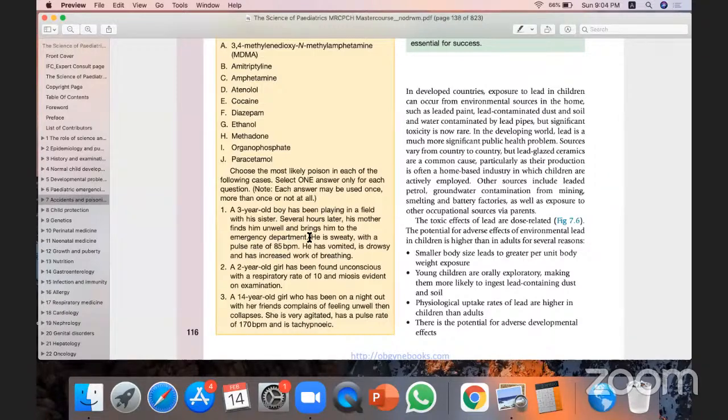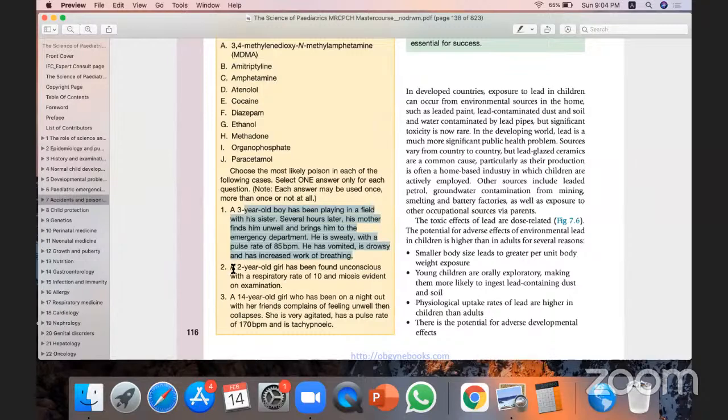There is tachycardia, tachypnea, sweating, and the child was playing in the field. What poisoning causes this kind of feature? Organophosphorus. Yes, very good. The antidote we already discussed: atropine, and pralidoxime also we can give.